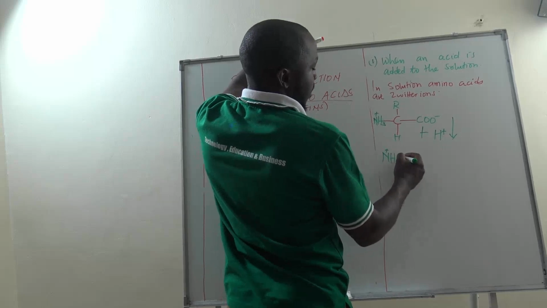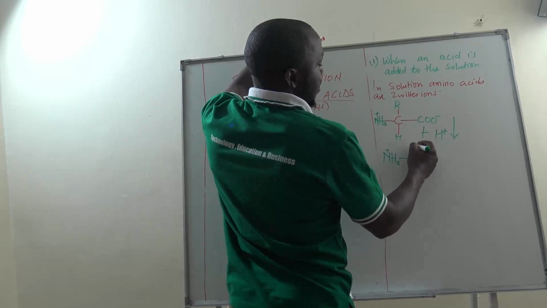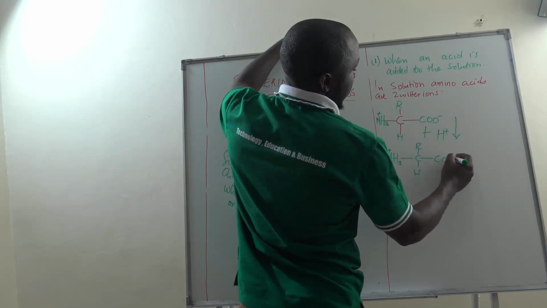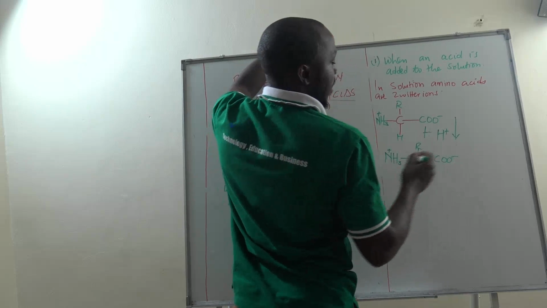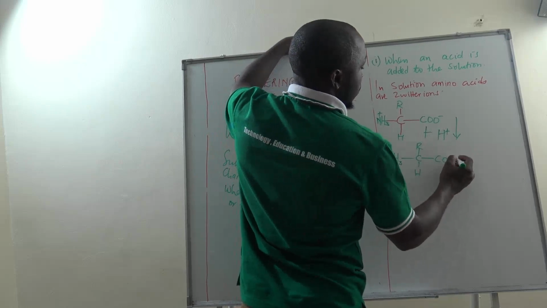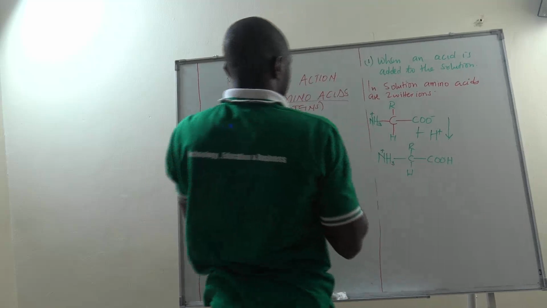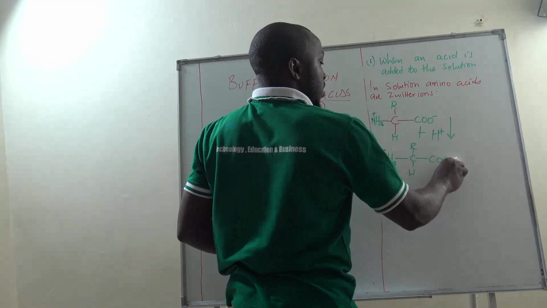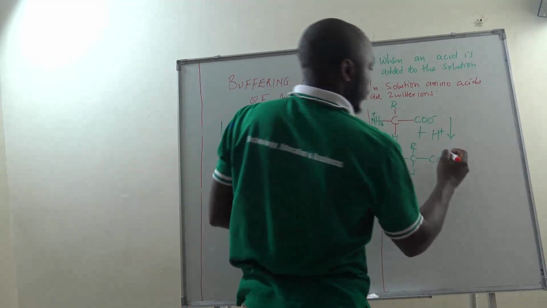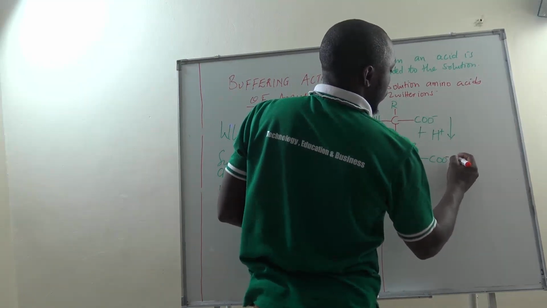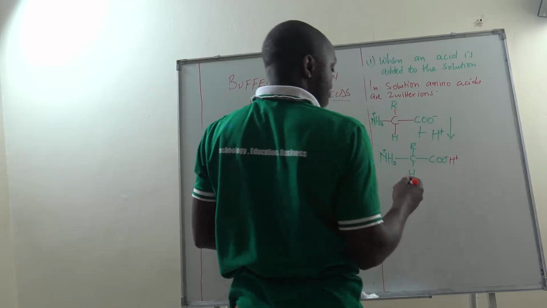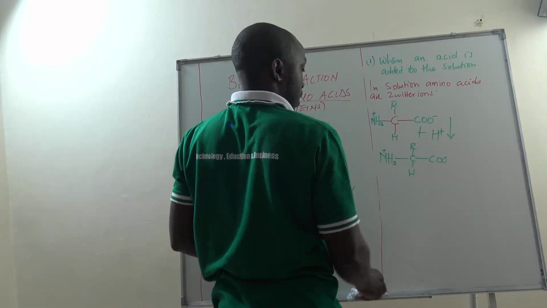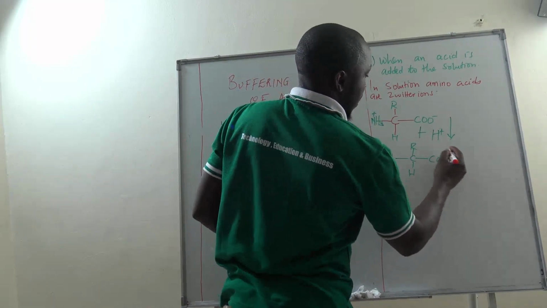How would it do that? The ionized end, the carboxyl end, absorbs the proton to form an undissociated acid end, which now will appear like that.